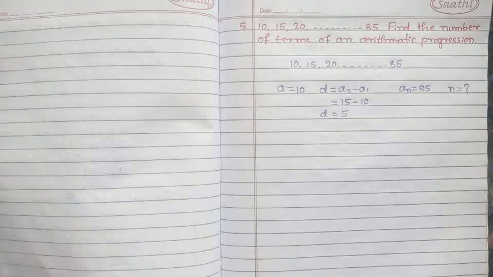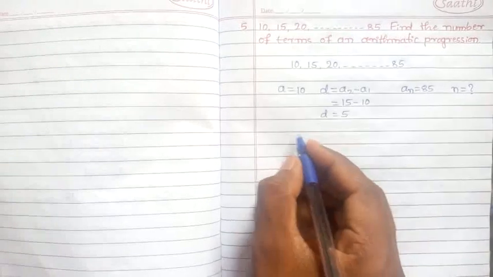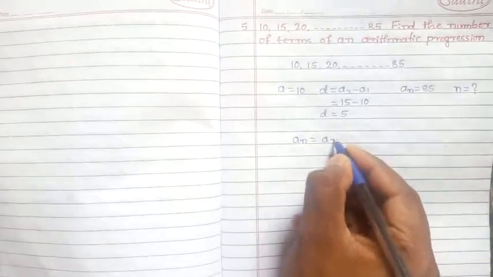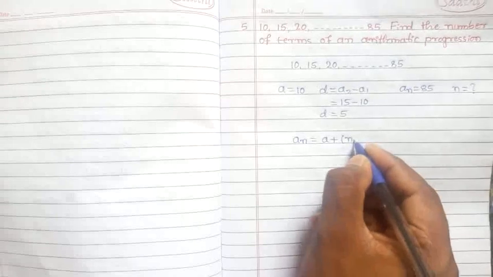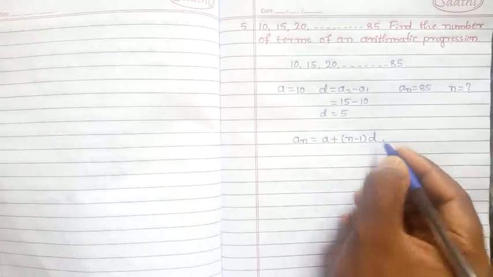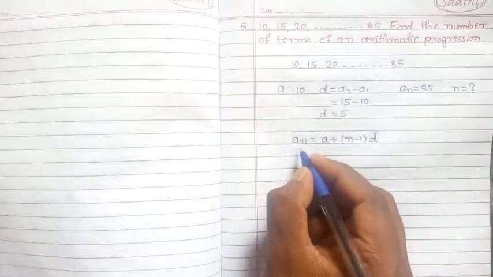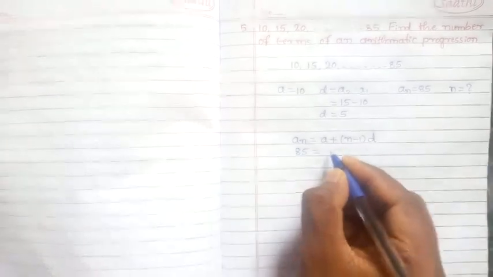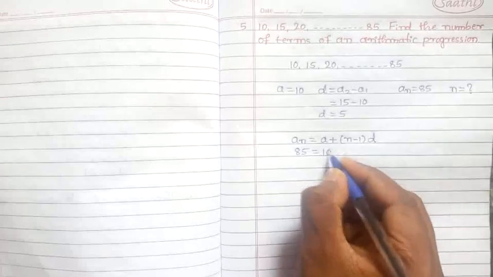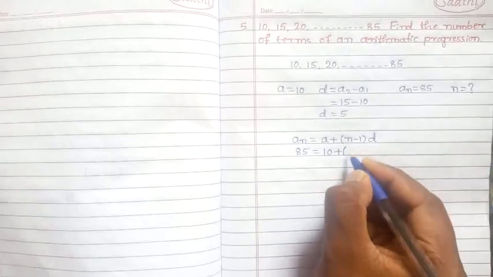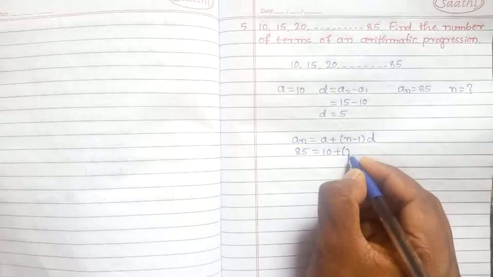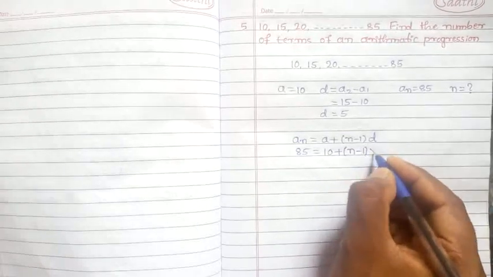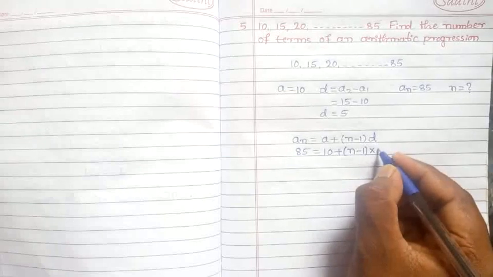By using the formula an is equal to a plus n minus 1 into d. The an value is 85, so 85 is equal to a value 10 plus, here we don't know the value of n, so we write it as it is, n minus 1 into d. The value of d is 5.